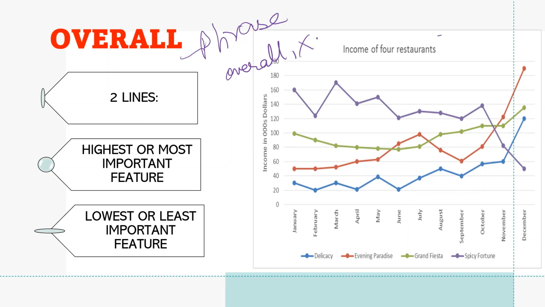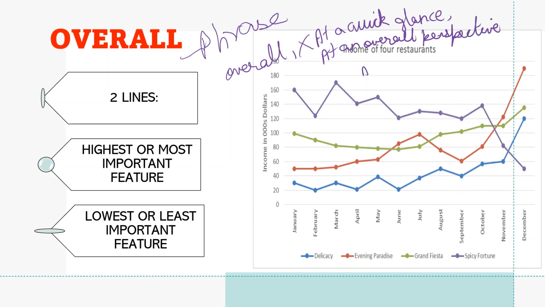Write at a quick glance, or you can write at an overall perspective, at a brief look, something like this. Write a phrase instead of writing overall, this is highest, that is lowest.